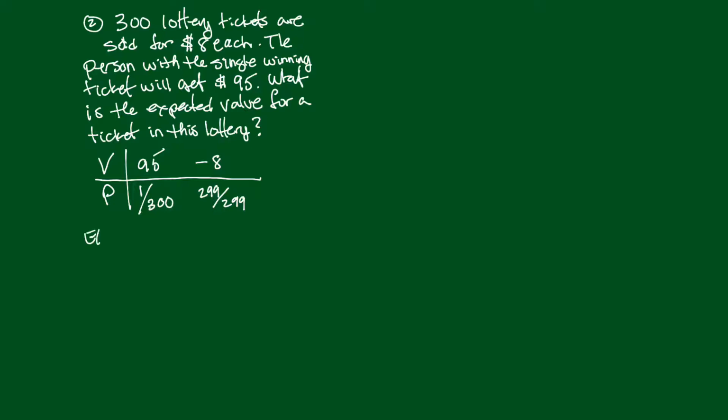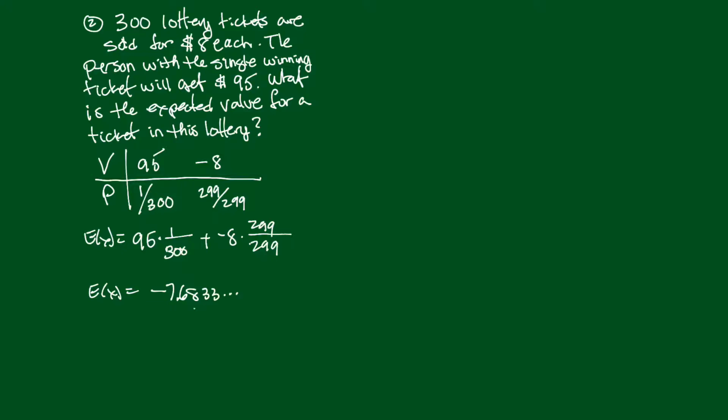So the expected value is going to be the value times the probability, plus the value, -8, times the probability. When I do that on my calculator, I got -7.6833... forever.